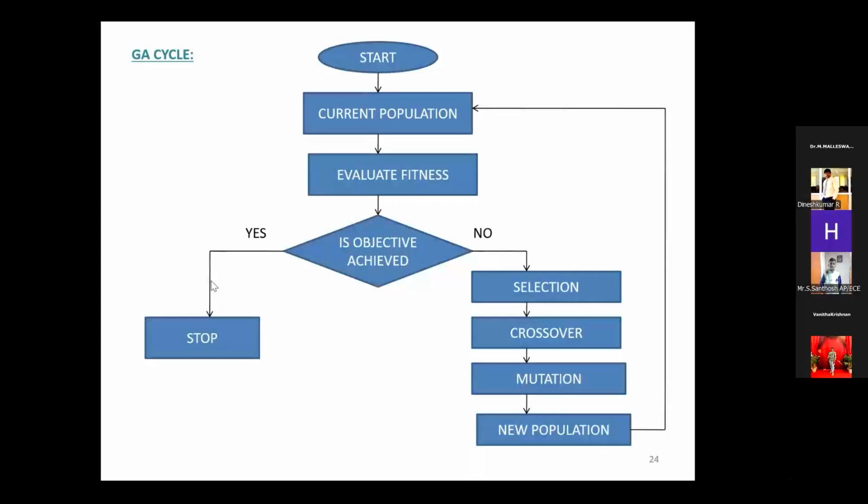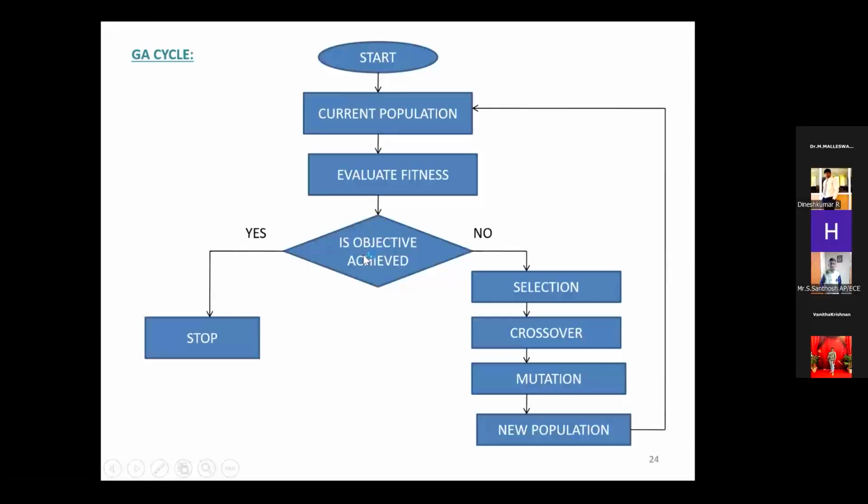And this is the genetic algorithm cycle for your understanding. I'm giving a chart of this GA cycle based on our earlier theoretical discussion. You start the GA cycle with the current population. Then you evaluate the fitness. If the fitness for a low error is achieved, then you can stop.